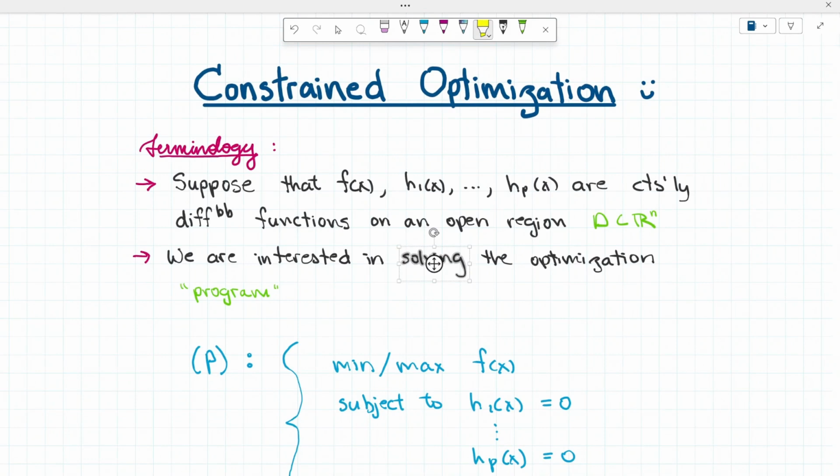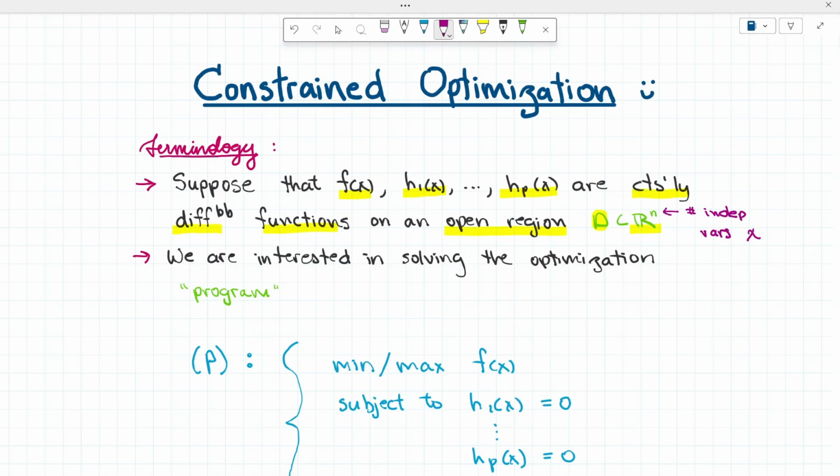So suppose that we have some function f of x, and then we also have these other functions, h1 of x all the way to hp of x. And these functions are continuously differentiable functions on some open region, and this open region is going to be defined as D, which is a subset of R^n. So n is the dimension, and this correlates to the number of independent variables x.